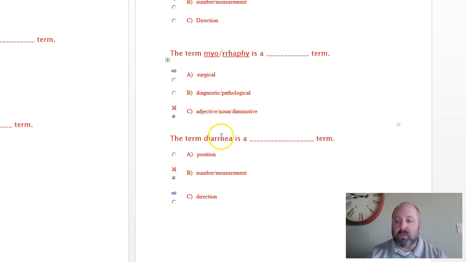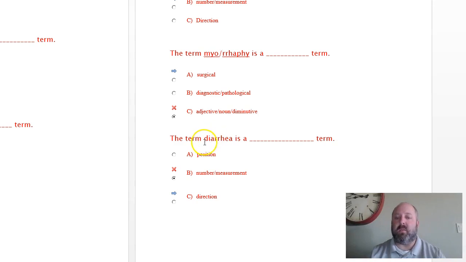This is one of the most confusing questions. I think people miss it on all the quizzes. I think it's very confusing for people as far as diarrhea goes. And it is directional, and this rhea means the flow across a membrane or movement from one place to another.